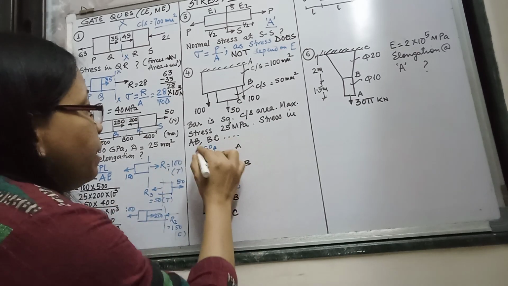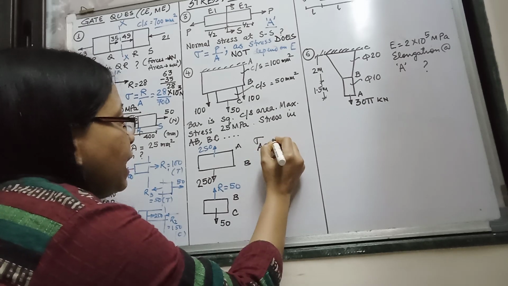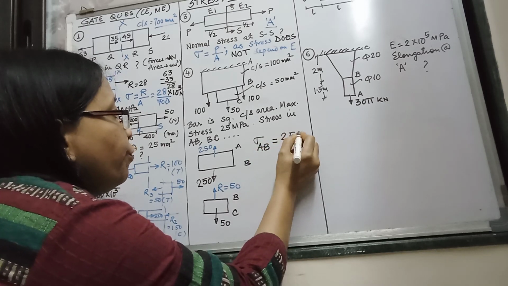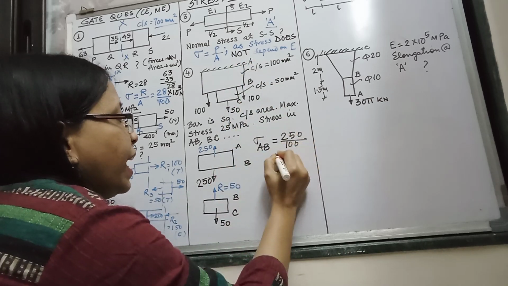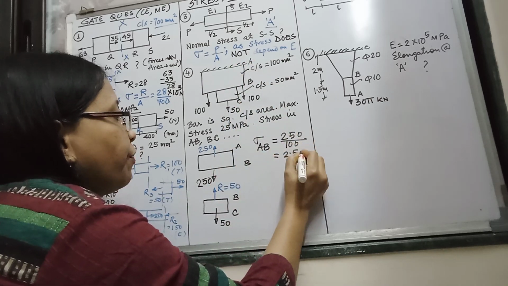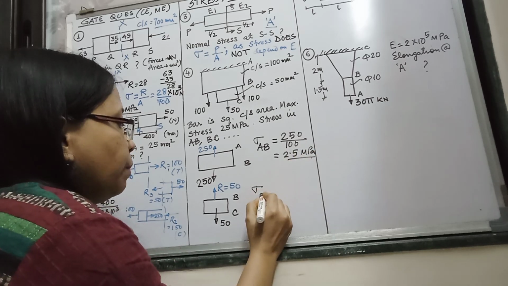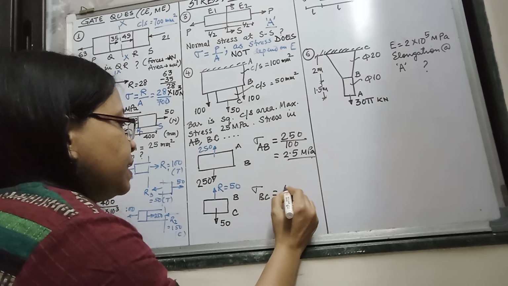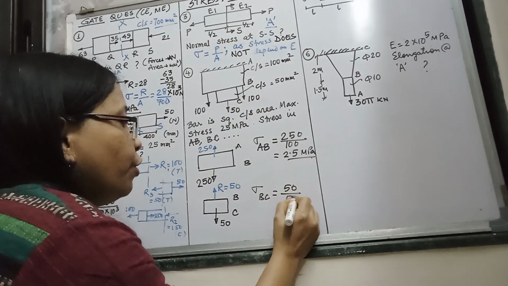Now, what will be the stress in the part AB? So sigma AB is equal to 250 by what is the cross-sectional area? 100. That is 2.5 MPa. What will be sigma BC? Sigma BC will be 50 by, what is its cross-sectional area? 50.